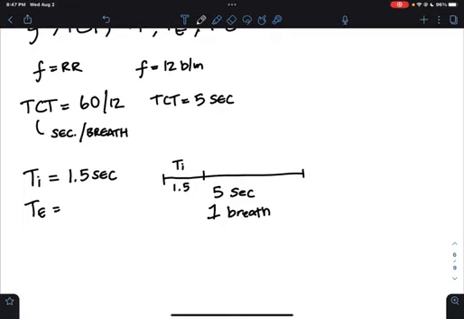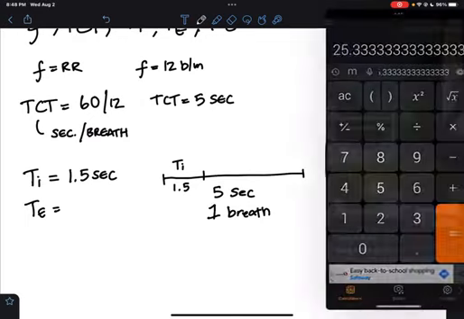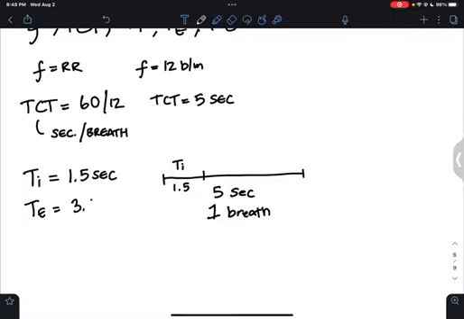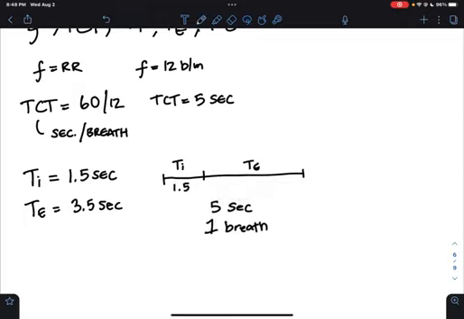So 5 minus 1.5 is 3.5 seconds. So this would be your E time, 3.5 seconds. And it would be the opposite if you're given E time: to find the I time, you subtract total cycle time minus E time, and you get I time.